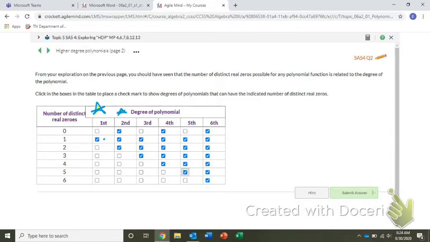If you have a 2nd degree polynomial, you can have 0, 1, or 2. If you have a 3rd degree, you can have 1, 2, or 3. If it's a 4th degree, that's even, so it doesn't have to have any, or it can have 1, 2, 3, or 4. 5th degree, it can have up to 1, 2, 3, 4, and 5. And if it's a 6th degree, it doesn't have to have any, but it can have all the way up to 6 real zeros.